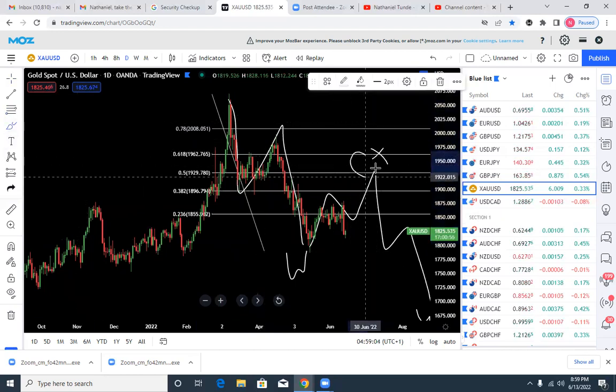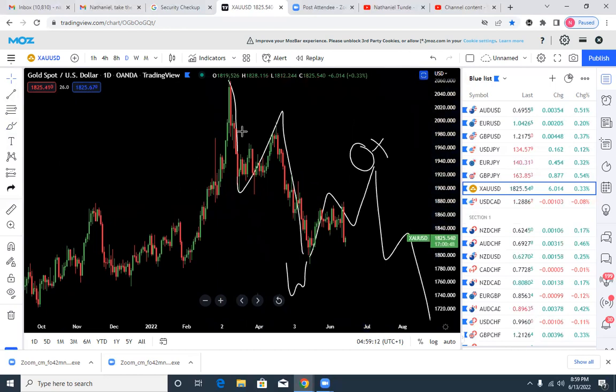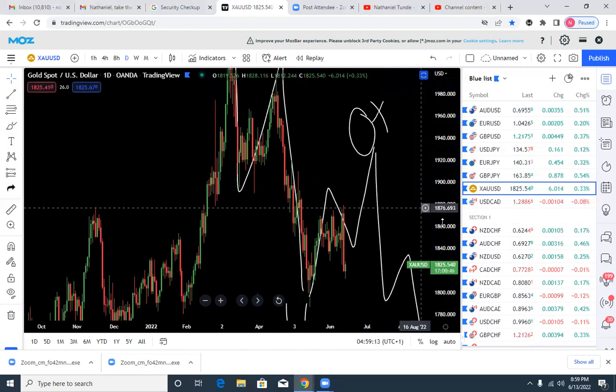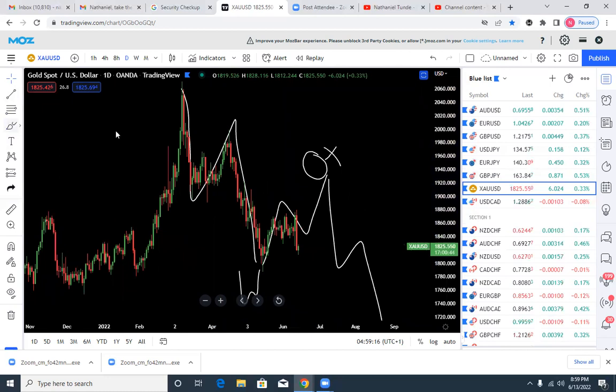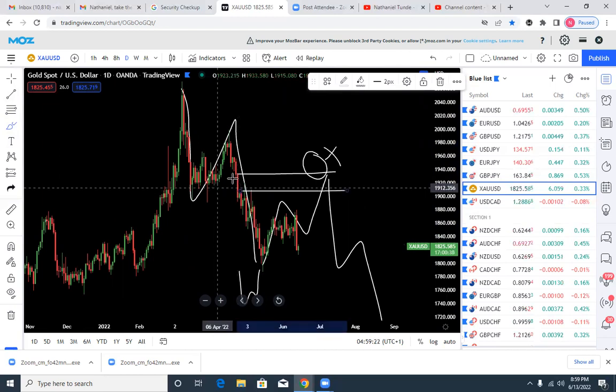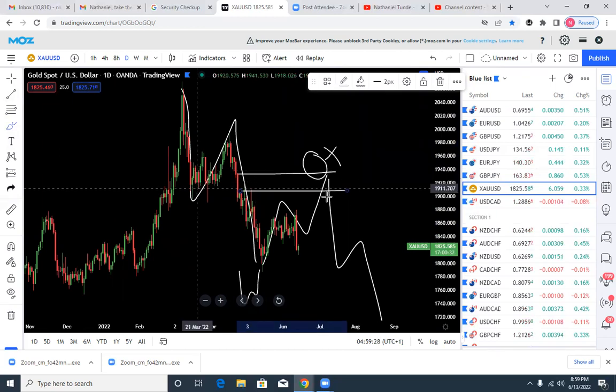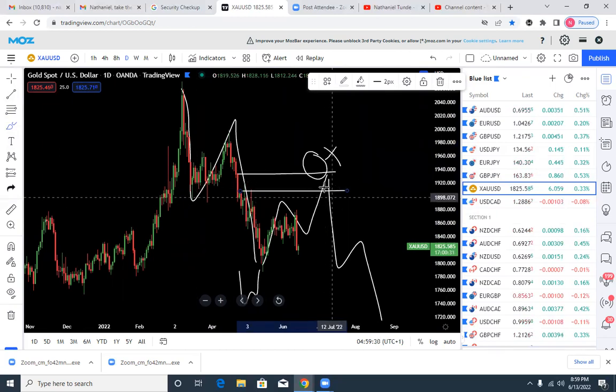If you can come to this area, then what you have to do now is you have to check. Is there a supply level there? Yes, this is supply area. Can you see? If you don't know how to spot supply area, go back to my video. You will see how to spot supply levels there if you are consistent watching them.